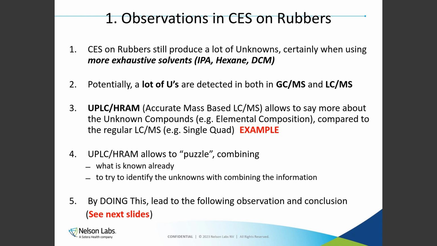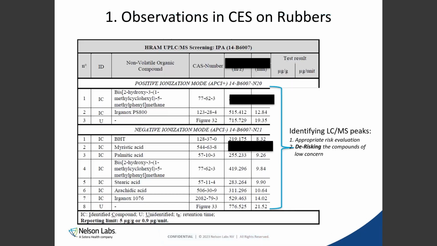If you see a profile like the example on this slide, most of those compounds can clearly be identified, and even at high concentrations that's no issue from the toxicological view.